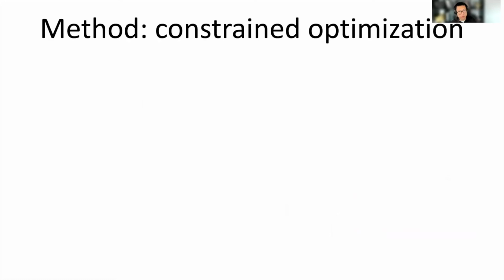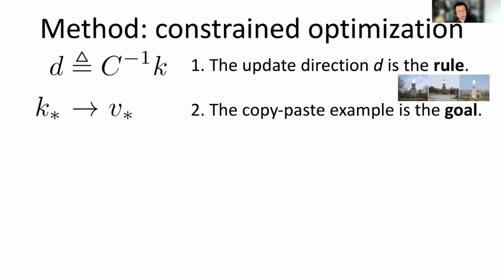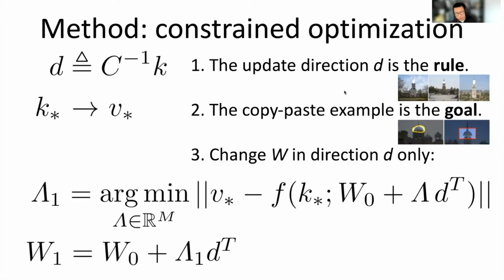If you plug this solution back into the constrained optimization problem, in the network we also have a bunch of other things like ReLU, batch norm, maybe some other layers. So we can express this as a non-linear function f, and we plug in these linear solutions, and this case is known.